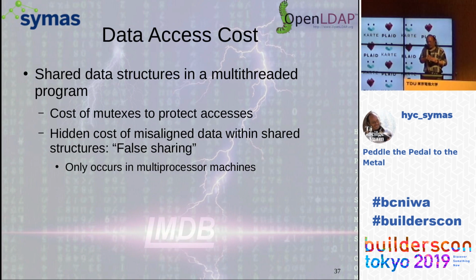Okay. When we first started writing multi-threaded code, we only had single processor machines to develop on. And that was 1998, 1999. It turns out when we started moving on to dual core or multi-core machines, we were seeing new overheads that we'd never noticed before. Part of that was because we had data structures that were being accessed from multiple CPUs poorly. Let's say you have two variables adjacent in memory, and they're being accessed independently by two different CPUs.